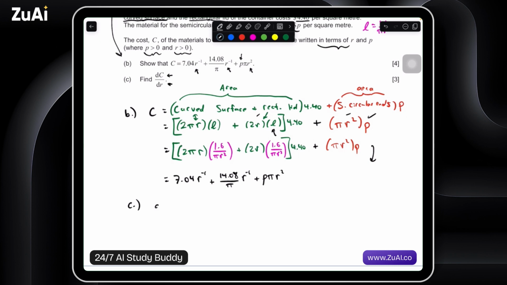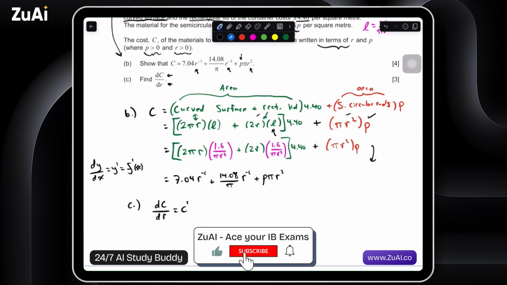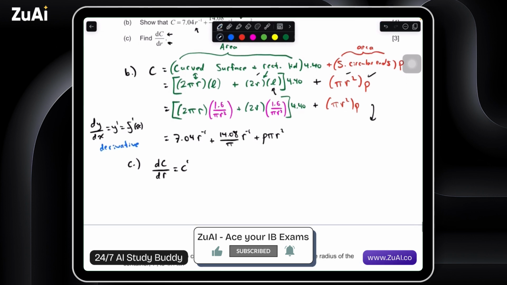So remember, dc over dr is the same as c prime, just like dy over dx is equal to y prime or f prime of x. All of these things notationally mean the same thing. So dc over dr is a c prime. It means we want to take the derivative. So let's go ahead and take the derivative.